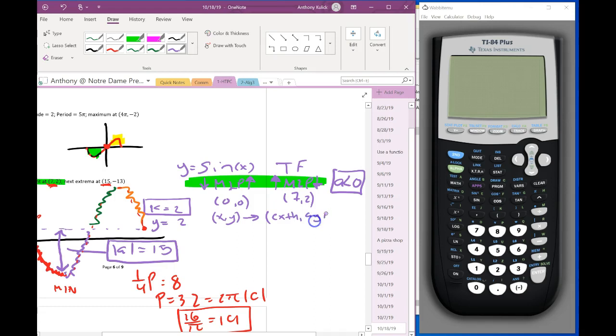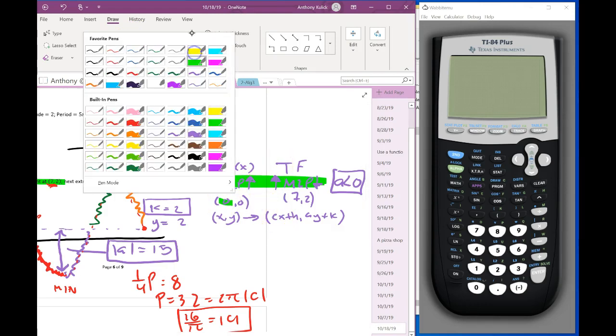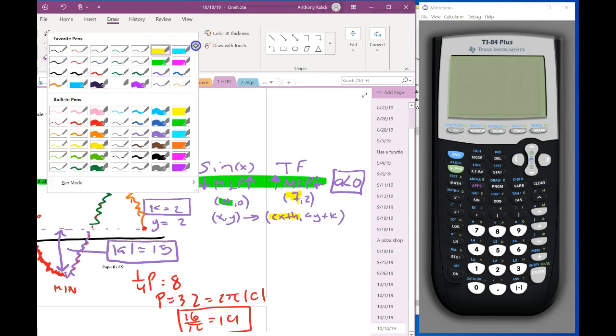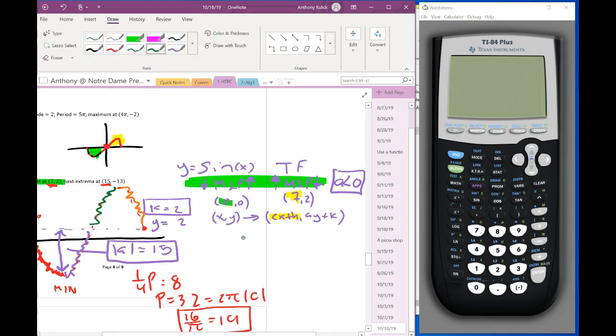And then to go from parent function to transformed function, I know I can take this x and turn it into that x by doing cx plus h. So c times 0 plus h should give me 7, where I get h is 7.